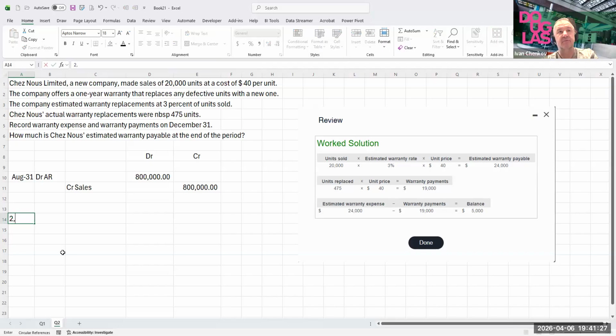We're selling 20,000 units times 3% and times the cost per unit, which is $40. Because if we calculate only 3% of the 20,000 units, that doesn't give a cost. We cannot do the journal entry because that's a number of units, and on the balance sheet or the journal entry, we're not putting number of units.